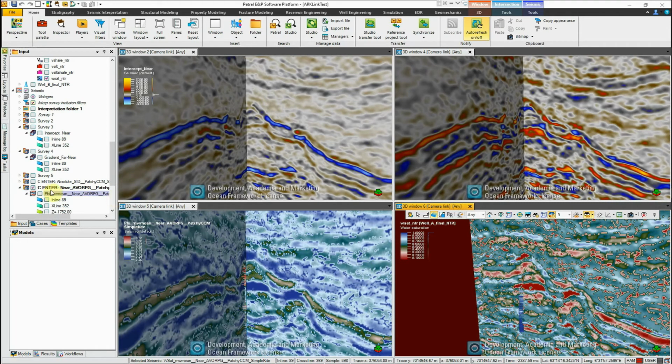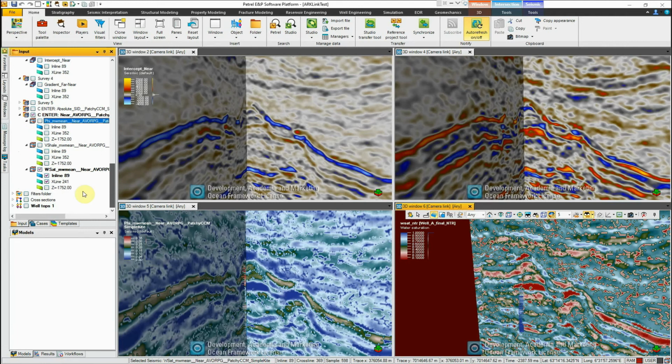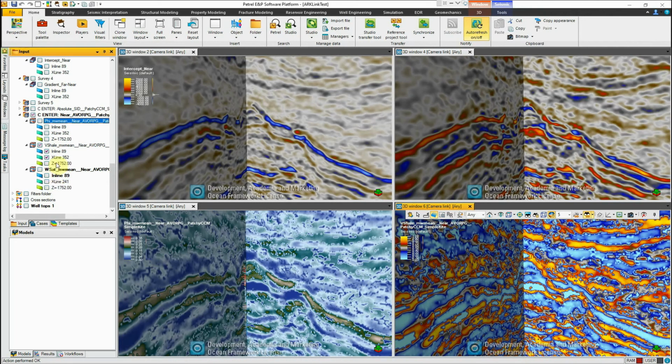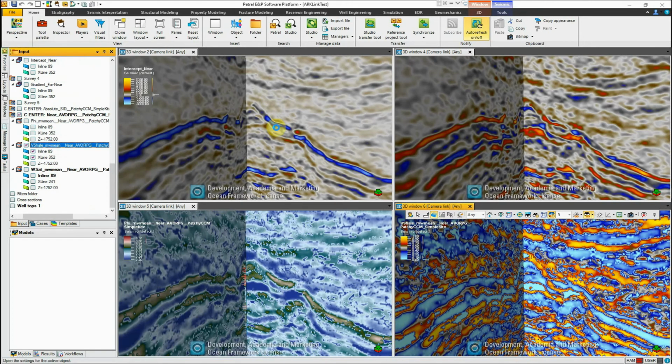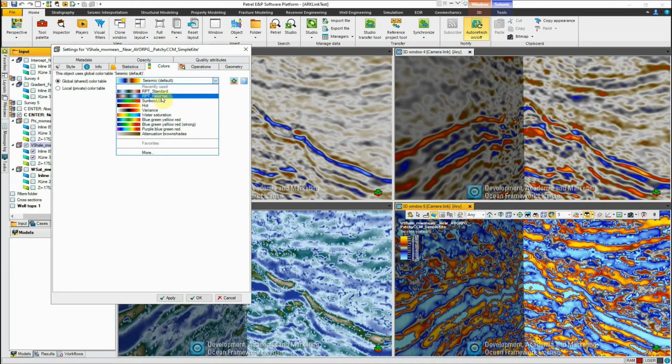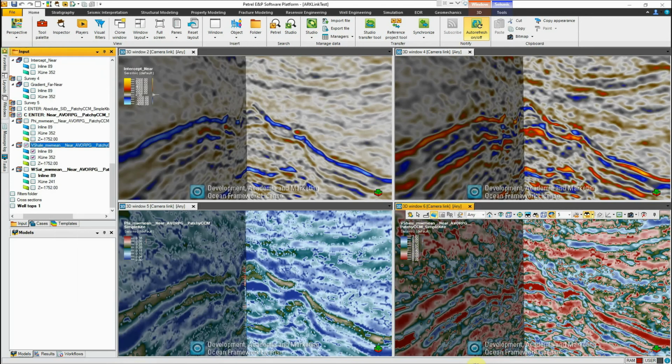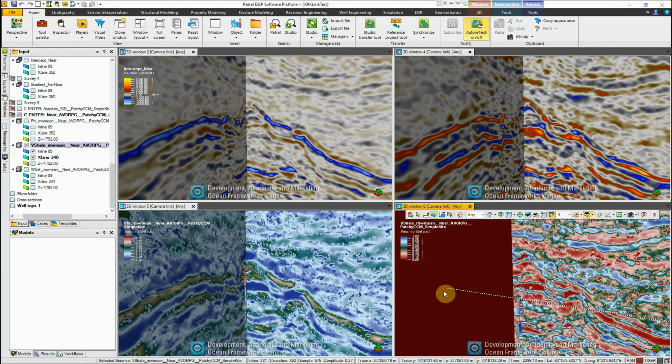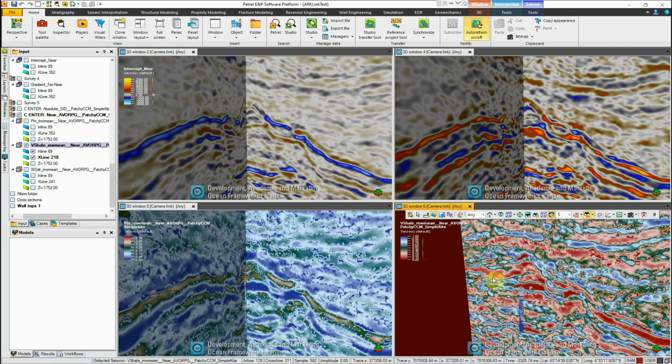Let's change this to look at the volume fraction of shale. Again, do a little color change. So we see that we have these sand formations here.